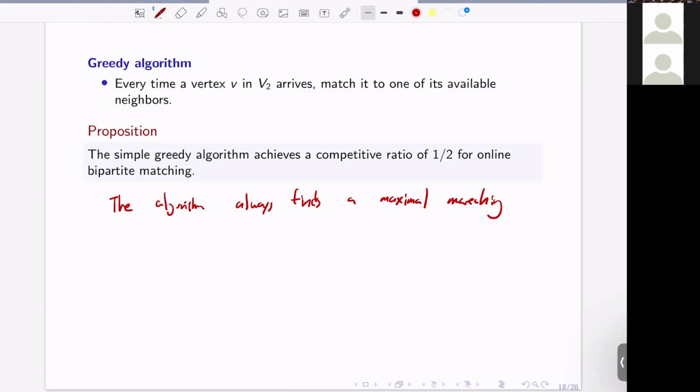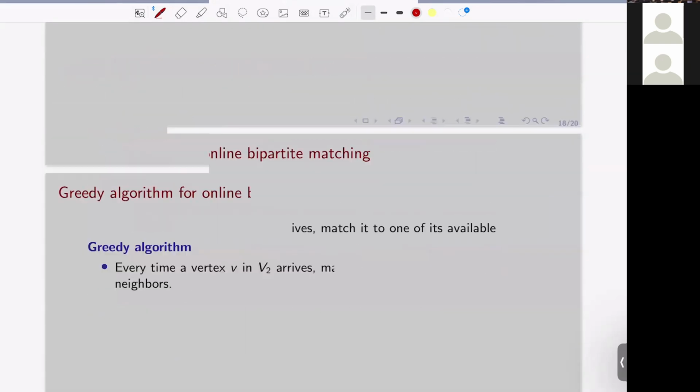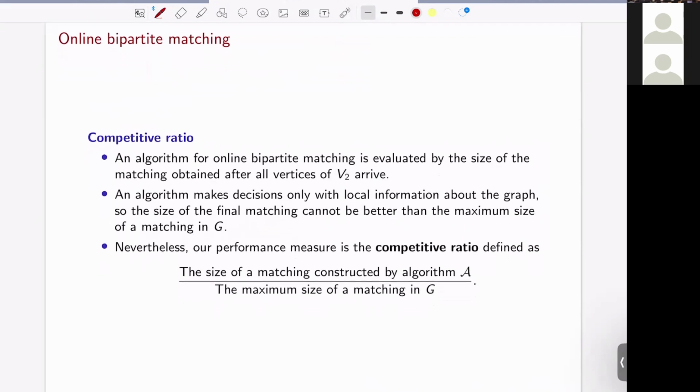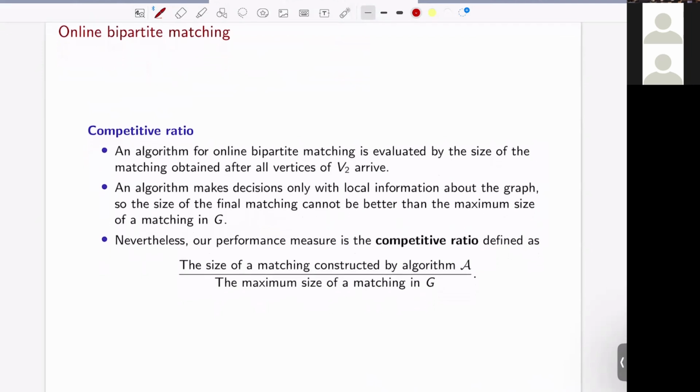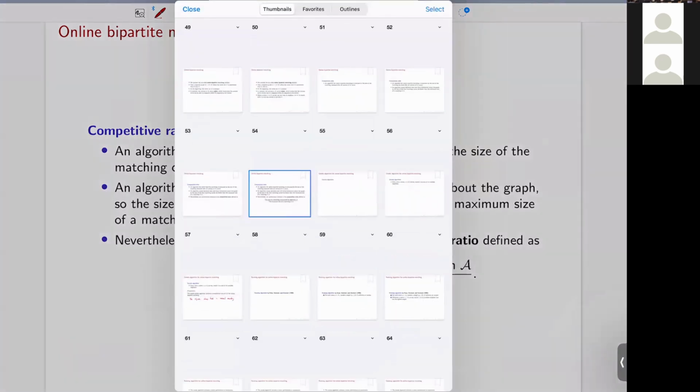So the output of this greedy algorithm has to be maximal. And then by that theorem, the comparative ratio is 1/2, meaning that the numerator is at least half of the denominator, which is the maximum size of a matching. Any question?